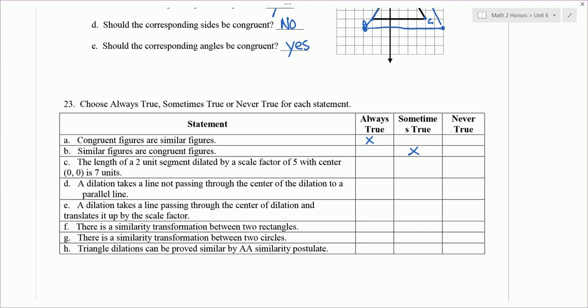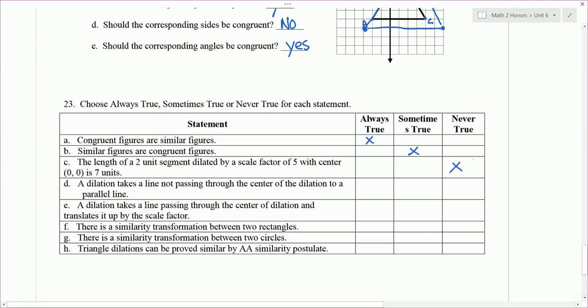C, the length of a 2-unit segment dilated by a scale factor of 5 with center 0, 0 is 7 units. That's false. They're adding here. If you have something that's 2 units long and you dilate it by a scale factor of 5, you're multiplying that length by 5, and so it should be 10.